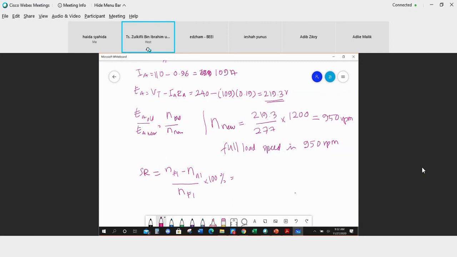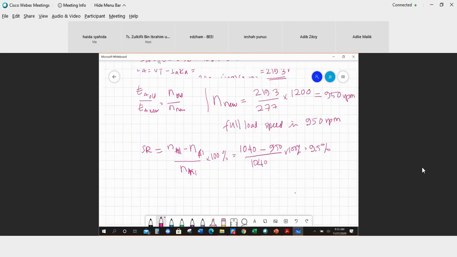No load is 1040. When it is full load, it is heavier, so the speed must be less, so it is equivalent to 9.5%. So this is the range your speed can be varied, 9.5%.